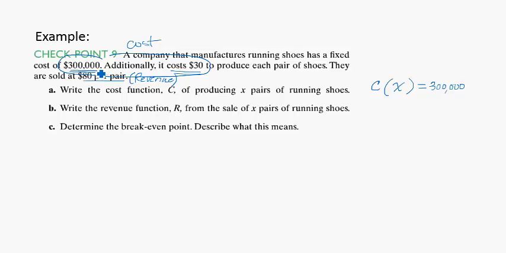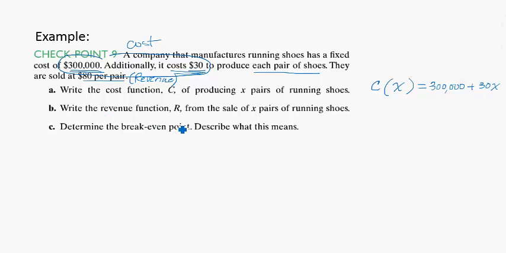That's what you have to pay every month or every financial period that we're calculating for here. Additionally, along with that $300,000, it also costs $30 per pair of shoes. So we're going to have to add on $30 per pair of shoes. And that's our cost function. So your cost function will always have two terms like that.